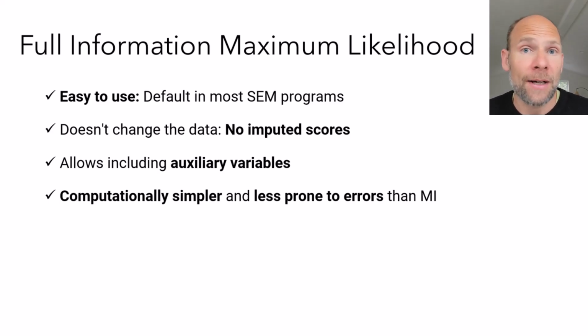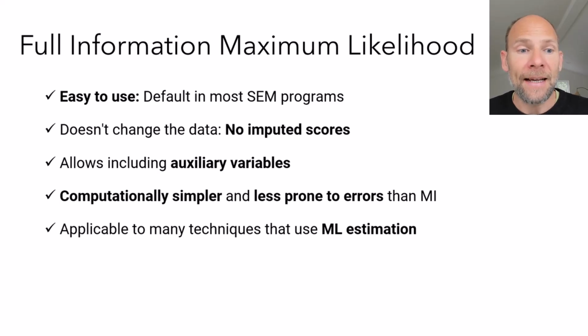With FIML also we encounter fewer convergence problems and fewer issues when we then fit the model to all the different imputed data sets, because there's only one data file and we simply use all the information that is contained in the data file. We don't have to use multiple imputed data files, so it can be faster and can be less prone to errors than multiple imputation.